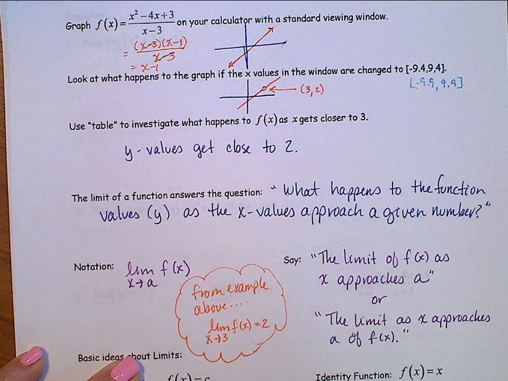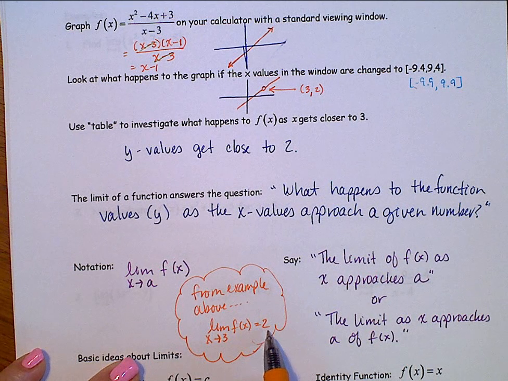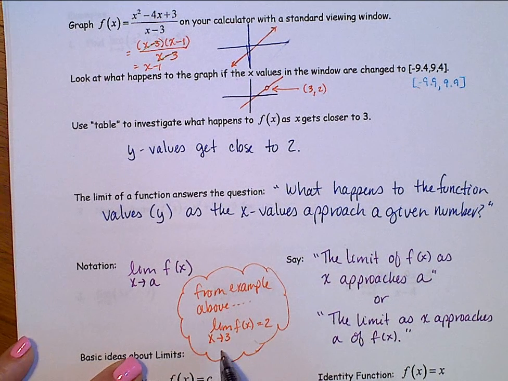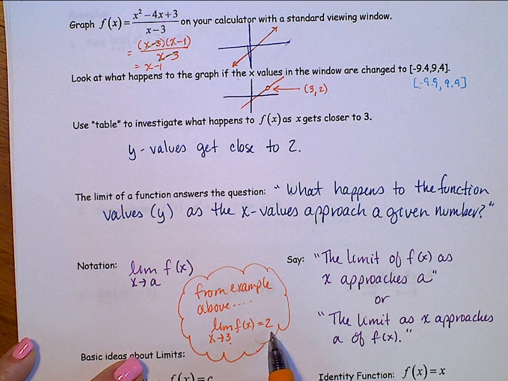So as the x values got close to 3, the y values got close to 2. It is not saying at x is 3, y is 2. That's not what it's saying. It's saying as x gets close to 3, y gets close to 2.